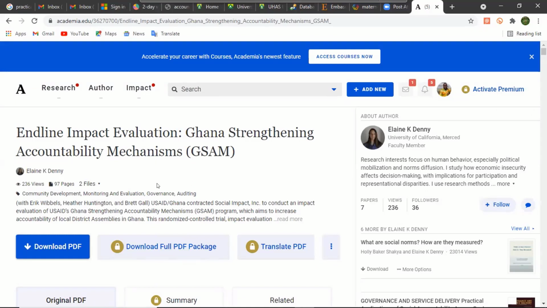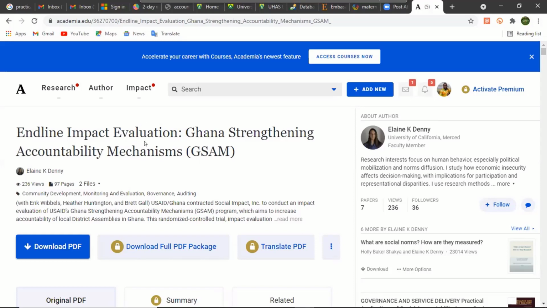But how many of these NGOs and CSOs who have done all the hard work of data collection, analysis, and reporting have actually utilized these reports for their own reputation or their own marketing and promotional purposes? But you see, someone has actually published out of this.